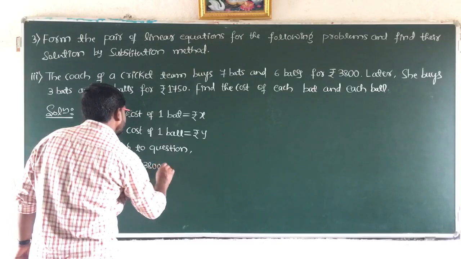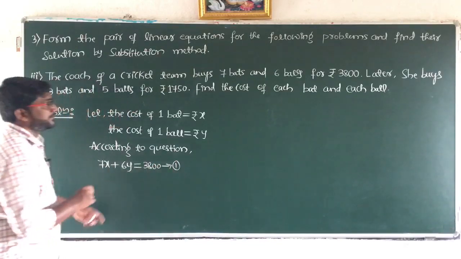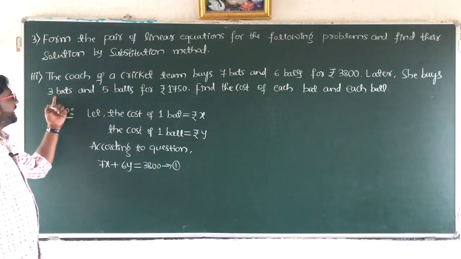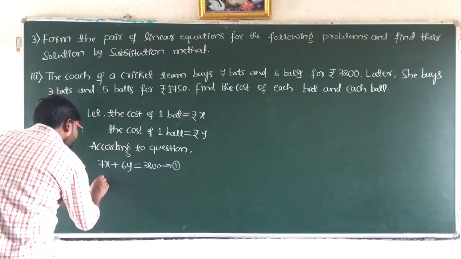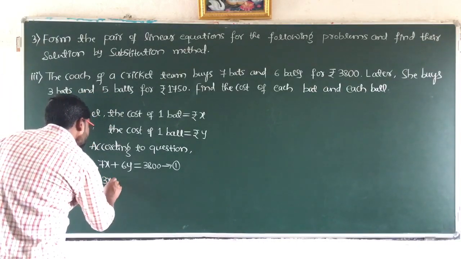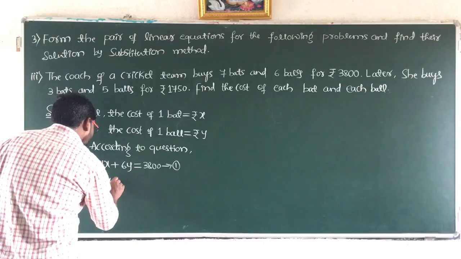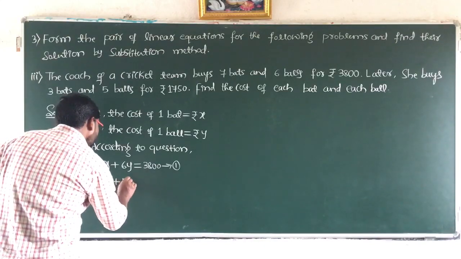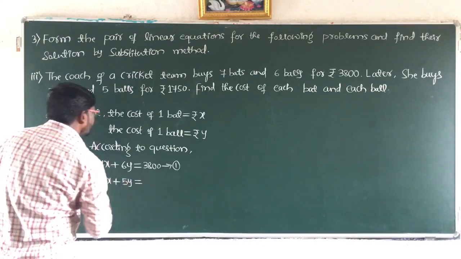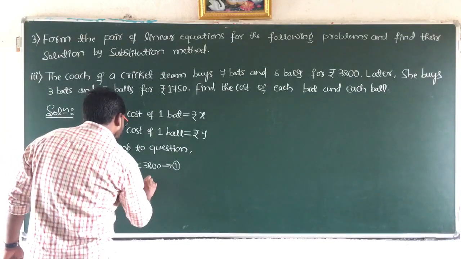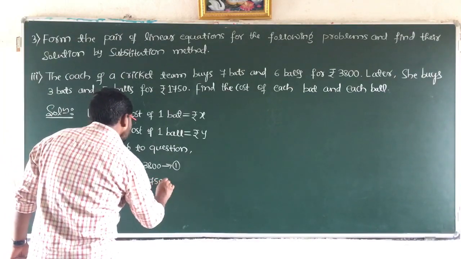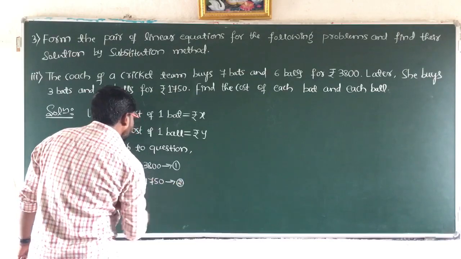I call this equation number 1. Then later she buys 3 bats and 5 balls. That means 3x plus 5y, which is equals to 1750. This is equation number 2.